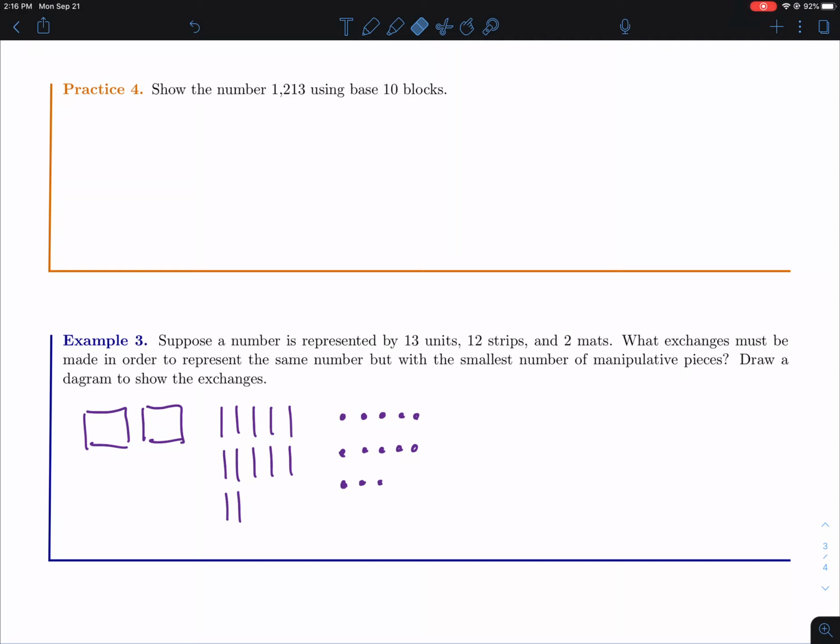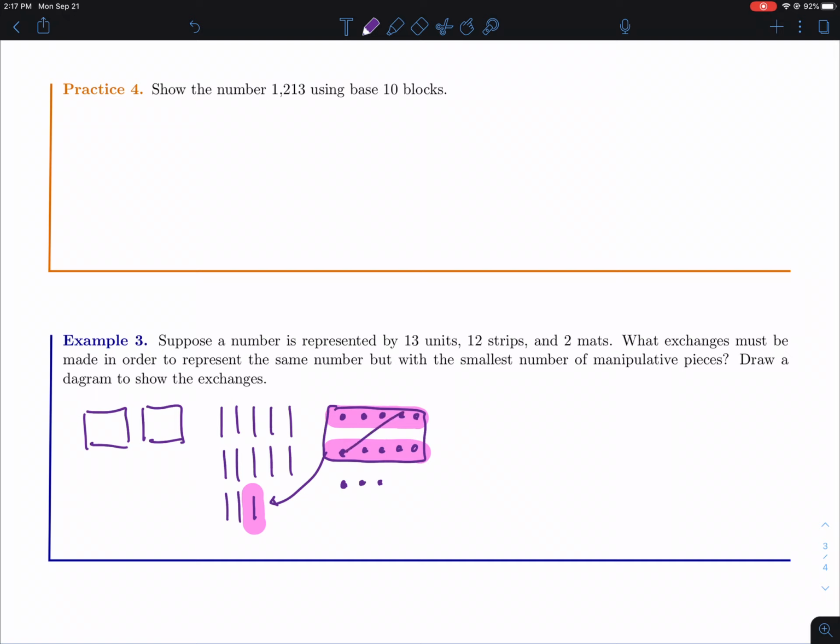So if I go through and look, in this case I can take these 10 units and turn them into a single strip. So I can cash these in for a single strip, and now they're gone.